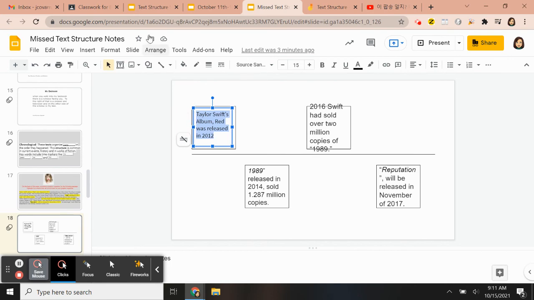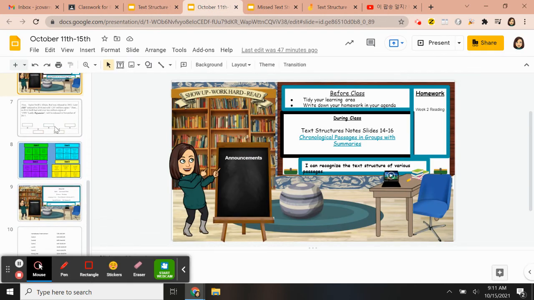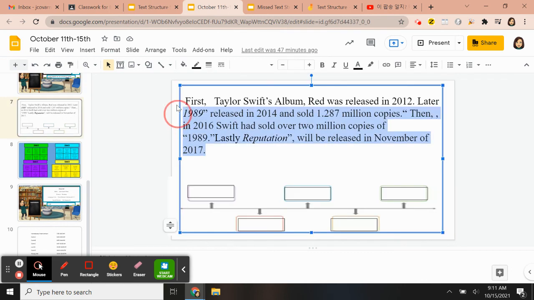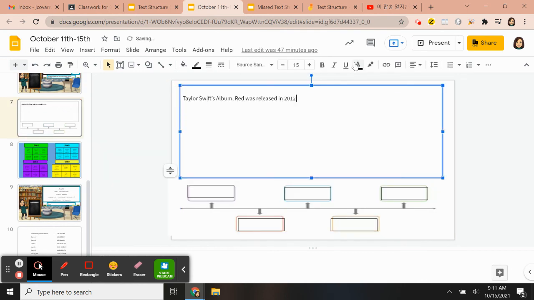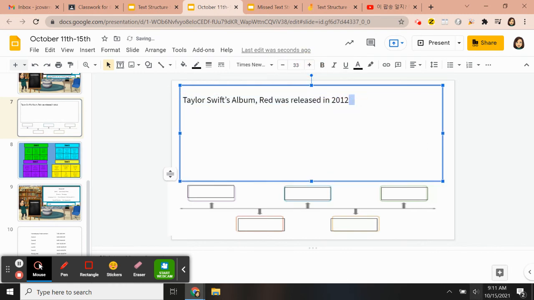Okay, so we're going to take that first event and, oops, I already put it there. Okay, and we'll just copy and paste it right here. I'm going to make it bigger so you guys can see it. And what is a transition word that we could add at the beginning besides just saying Taylor Swift's album Red was released in 2012? What could we say before that? How about Bria? What do you have? First.